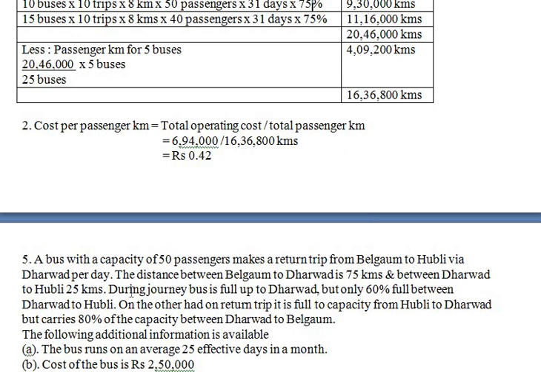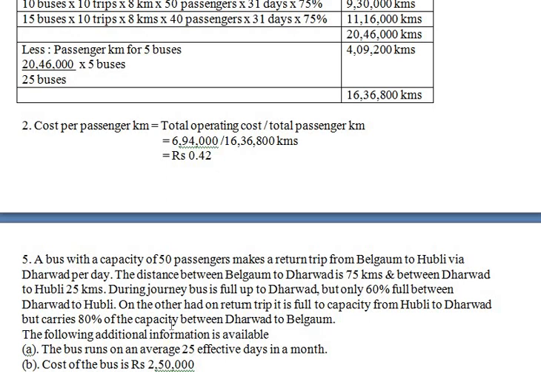Now 75 plus 25 is 100 kilometers while going, that is one side. A return trip is again 100 kilometers. So per day the bus will run for 200 kilometers.